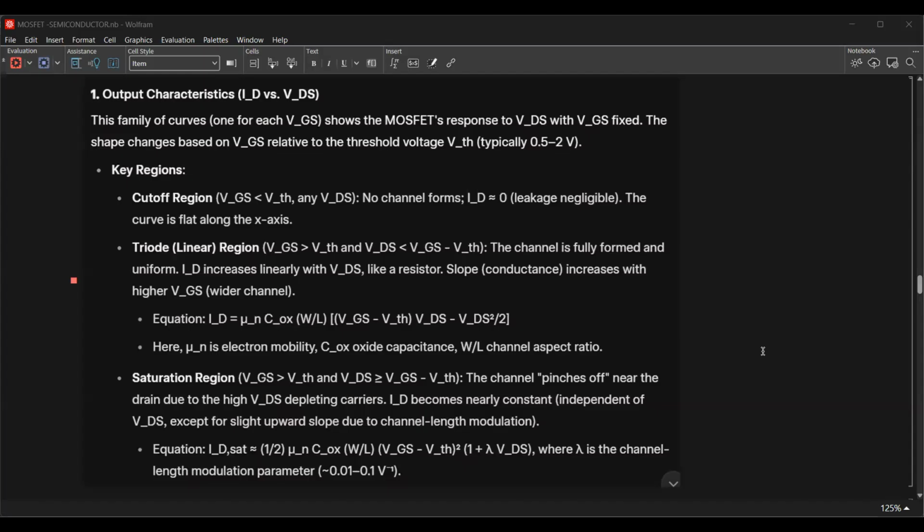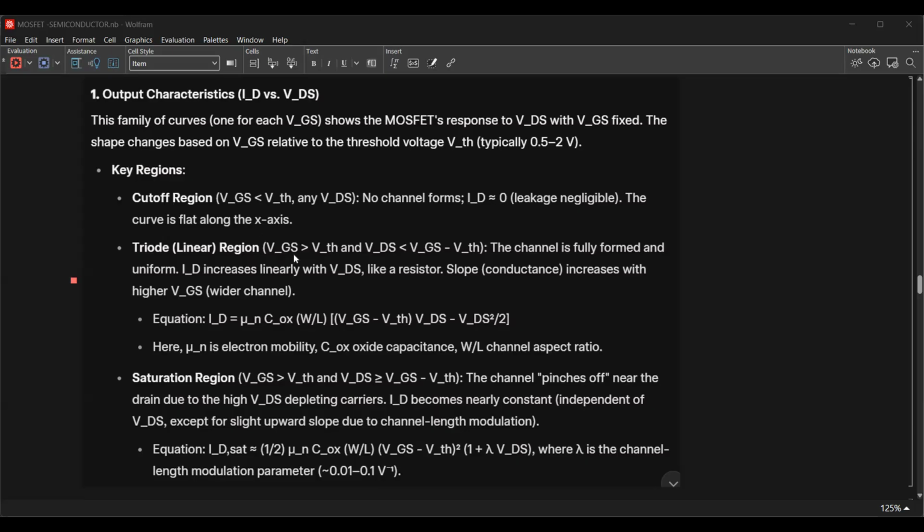Okay, for the output characteristics, drain current versus the voltage between the drain and the source. This family of curves, one for each VGS, shows the MOSFET's response to VDS with VGS fixed. The shape changes based on VGS relative to the threshold voltage VTH, typically 0.5 to 2 volts.